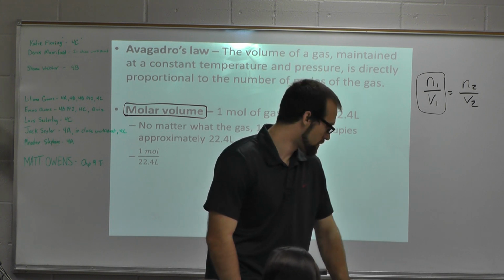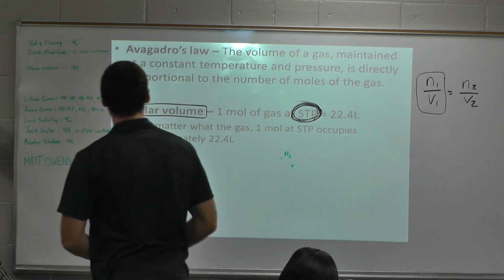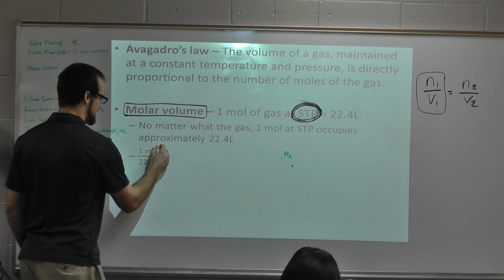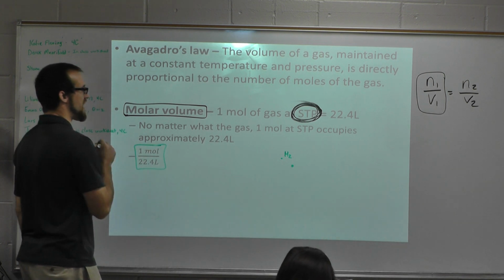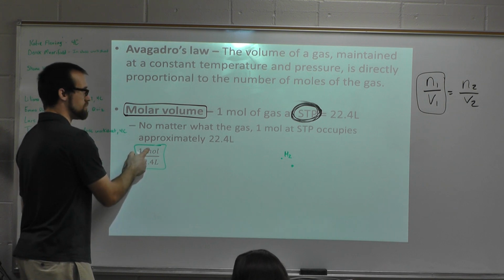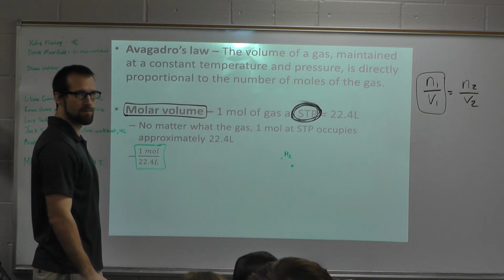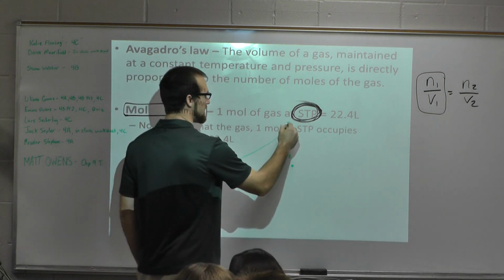Right? So, with all that being said then, we can use this as a conversion factor when I'm converting from moles to liters or liters to moles only when what? Yes, when you're at STP.